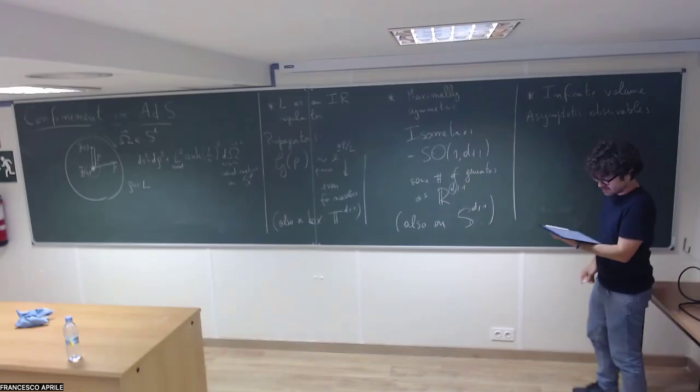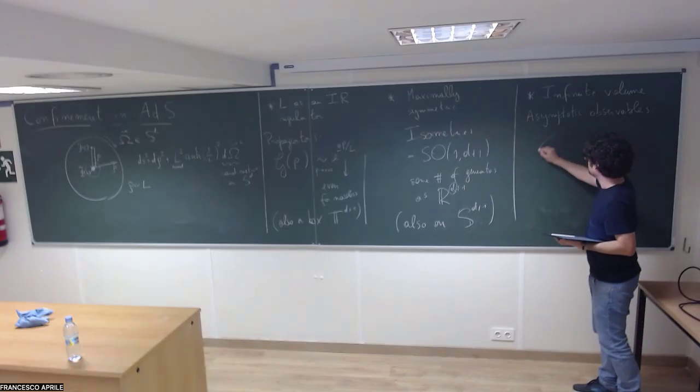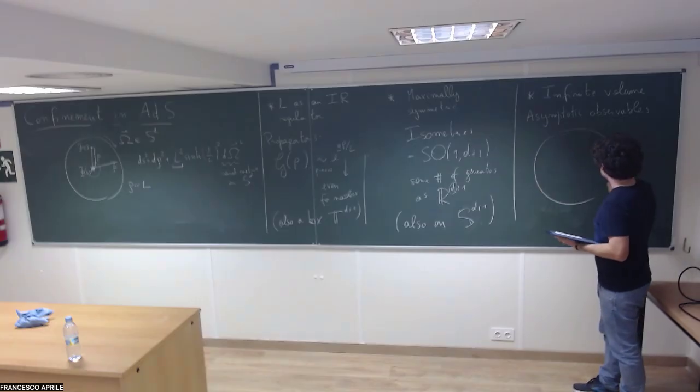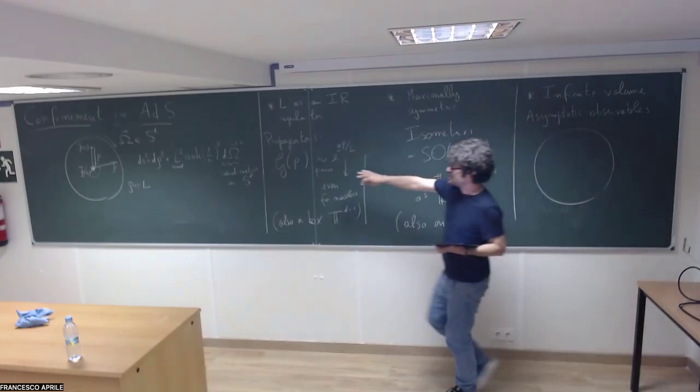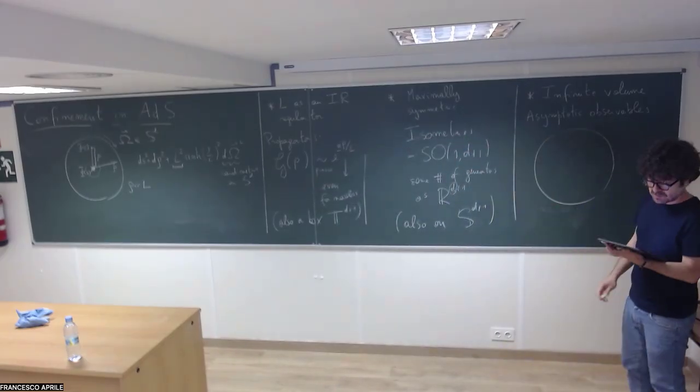That's very nice. So what do I mean by asymptotic observables? It's a bit of a sweet spot, because we both have an IR regulator and infinite volume. These two things are not so easy to come by.